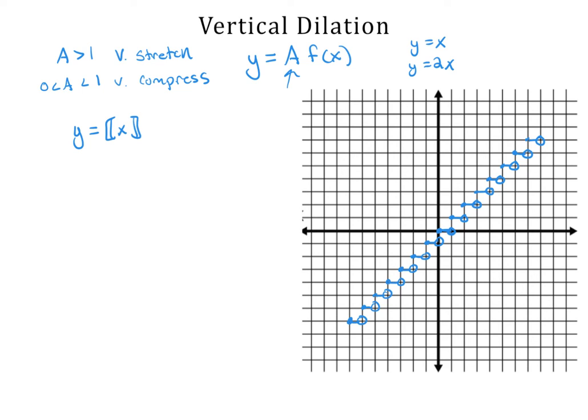Okay, so I'm going to do a vertical dilation and a horizontal translation all in one. So let's do y equals 3 times the function x plus 4.